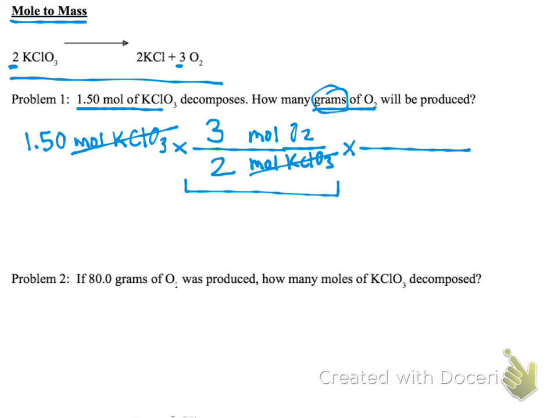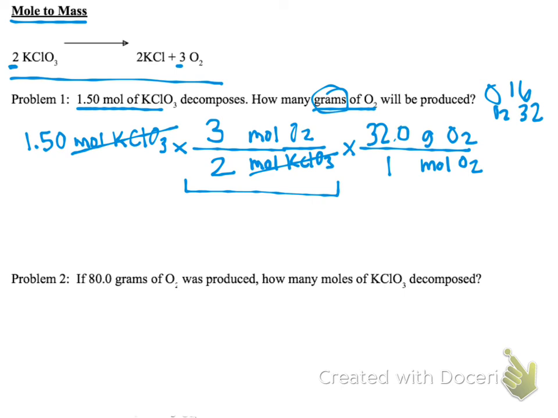Match your units diagonal, so mole O2 goes on the bottom, and we are trying to get to grams of O2, so that goes on top. And this is where you do 1 mole equals how many grams. So 1 mole of O2 is how many grams. Each oxygen is 16 grams, so that means O2 has to be 32 grams. So you've got 32.0 grams.